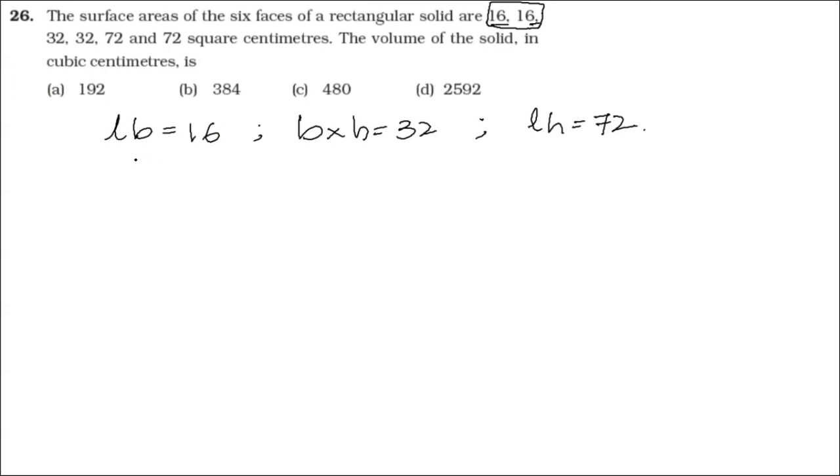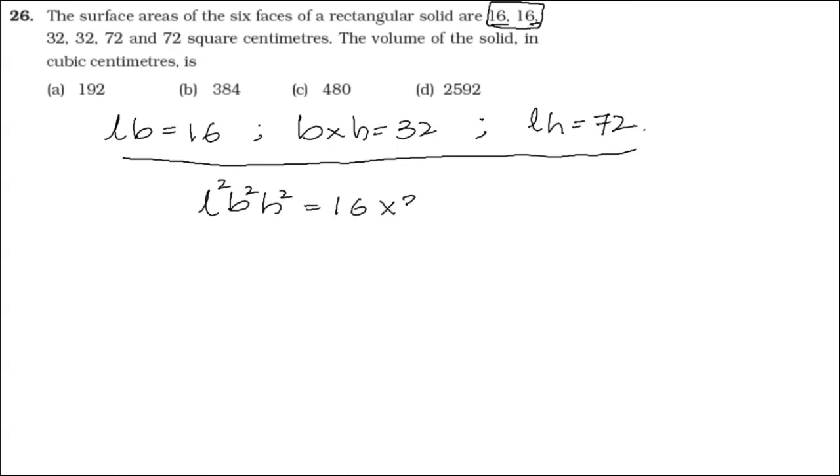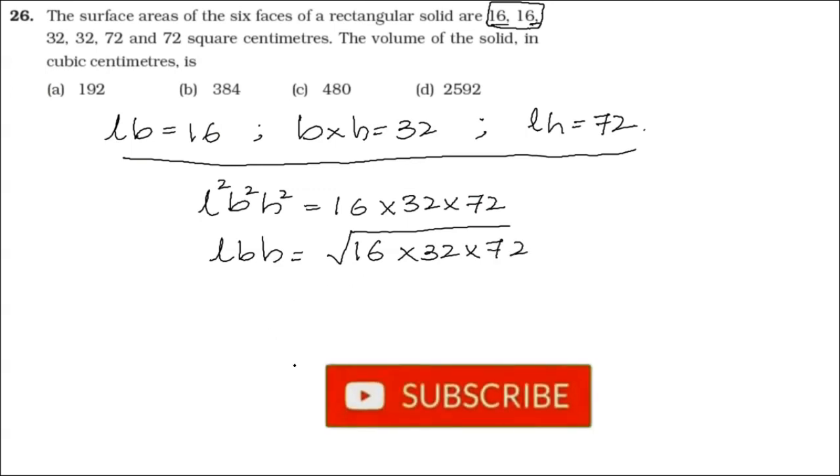Suppose I multiply these things, I'll be getting L square, B square, H square. This will be equal to 16 into 32 into 72. So LBH will be square root of 16 into 32 into 72.